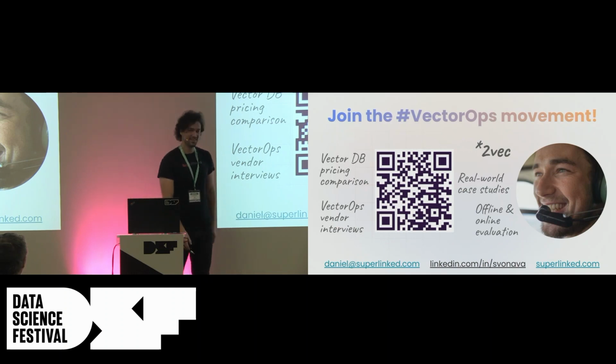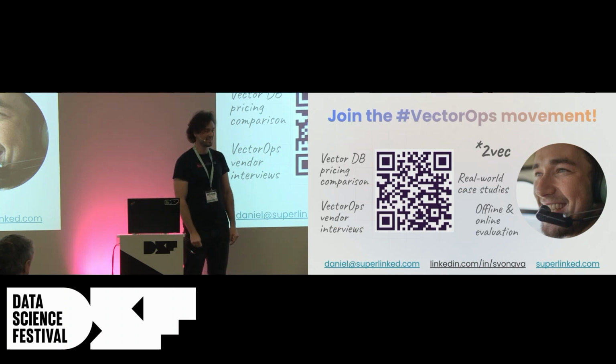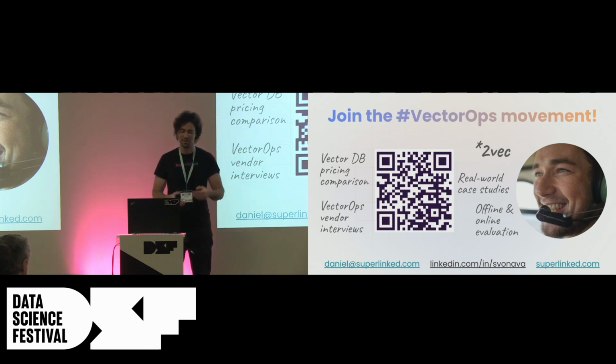Cool. So that's a little bit of talk about vectors and vector embeddings. Hopefully, you heard at least something new in that. We are thinking about this idea of vector ops, because there is a gap between what the vector databases offer in terms of functionality. You can store vectors, you can look them up.